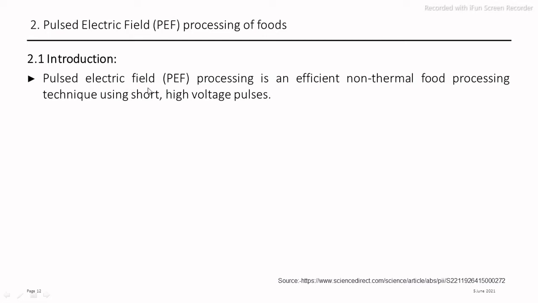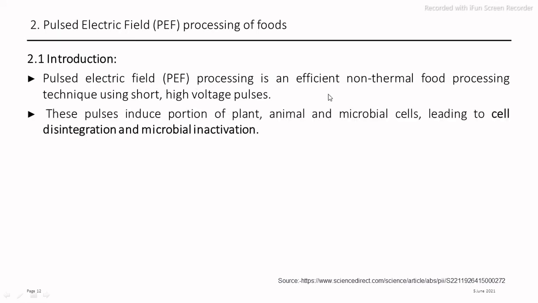The pulses are applied to the liquid food for preservation, which is carried out as a non-thermal preservation technique. That means during the application of electrical pulses, the temperature does not increase and the preservation action is carried out.